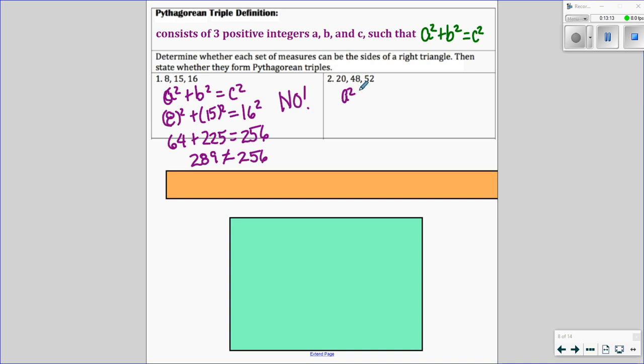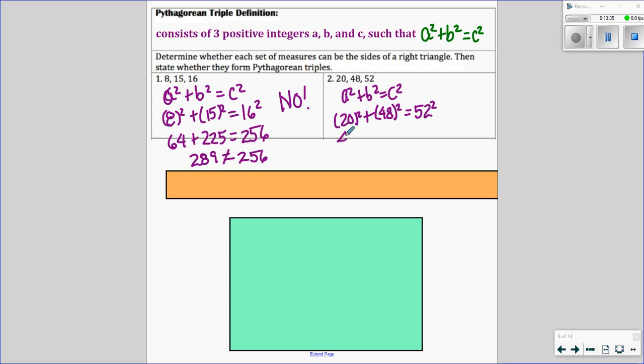Let's try number 2 and see if that works. Again, we're using a squared plus b squared equals c squared. We're plugging in our numbers. 20 and 48 will be our legs, that's a and b, and our hypotenuse is going to be c.